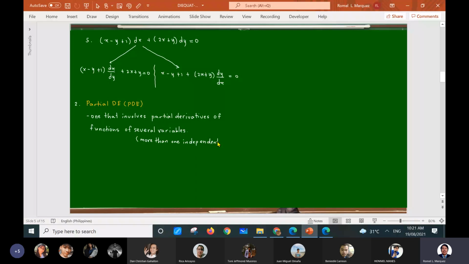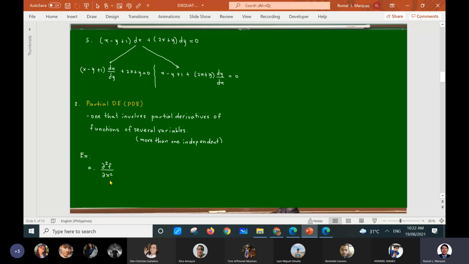Clear, guys? So examples: we have the second partial derivative of f with respect to x, or twice with respect to x if you want to be specific.